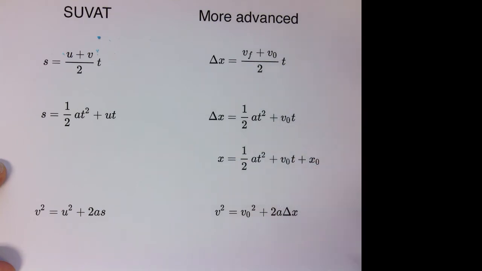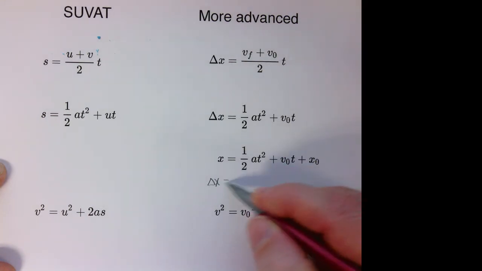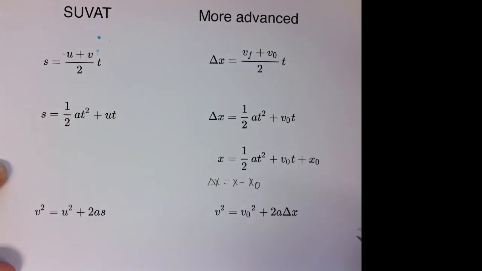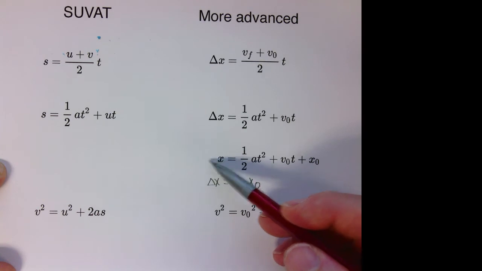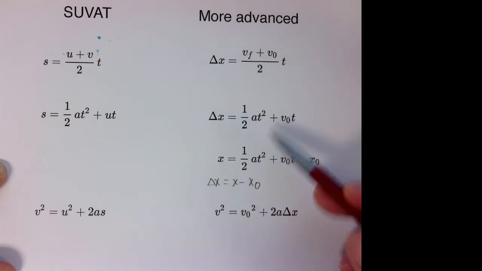And it should come as no surprise that delta x equals x minus x0. So if we were to subtract x0 from this side, we would have x minus x0 over here, and that would be equal to delta x. And these two equations would be equal to each other.